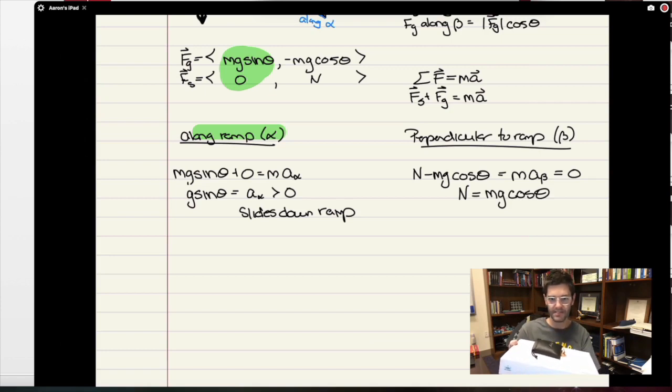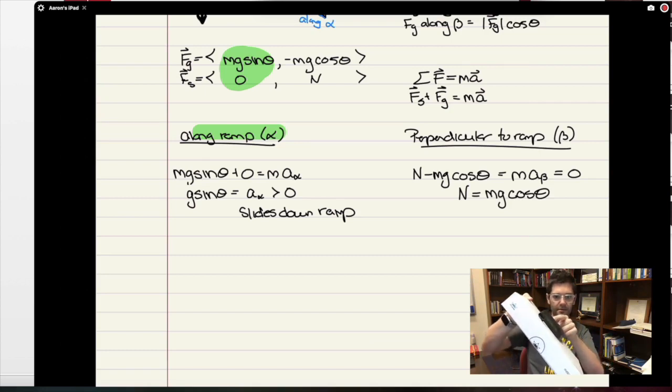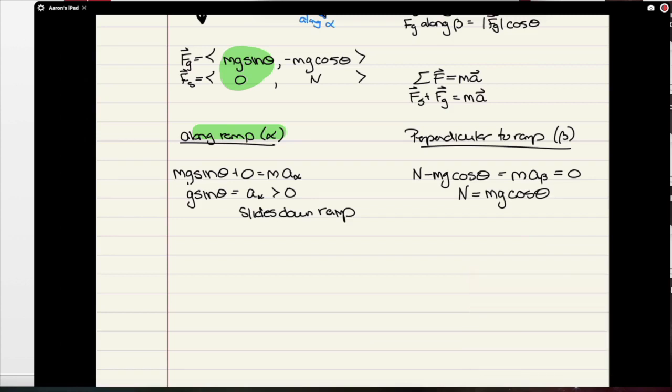But then as I increase theta so that there's more and more of an incline, there's still contact between the surface. The surface is still working on the object. It's pointing out perpendicular to the surface. But notice that as theta gets bigger, cosine gets smaller. It goes from 1 to 0 as you go from theta of 0 to 90 degrees.